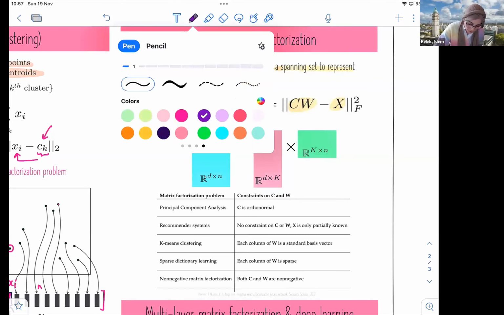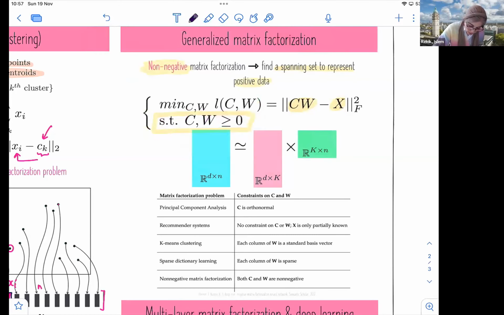If we write these down, we have the original matrix X, which is D by N, factorized into 2 factor matrices, C of dimension D times K. K is the number of spanning vectors in the new subspace. And K times N is the weight matrix of the new coordinates, the new representation of my points X into the new space C.